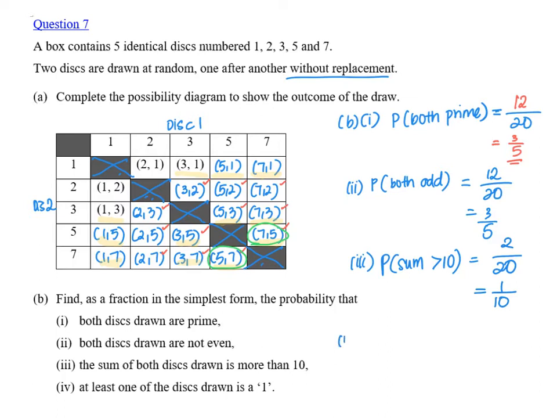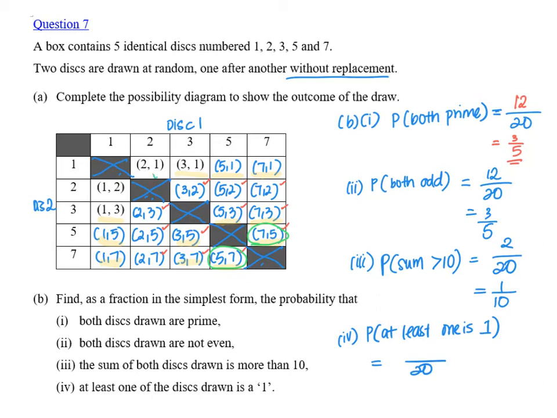Then probability, last one. At least one of the discs drawn is 1. So we want all the cases where at least one is 1. So out of 20 cases, we can just count the number of cases that they want. So in this case, they want cases where at least one of them is 1.